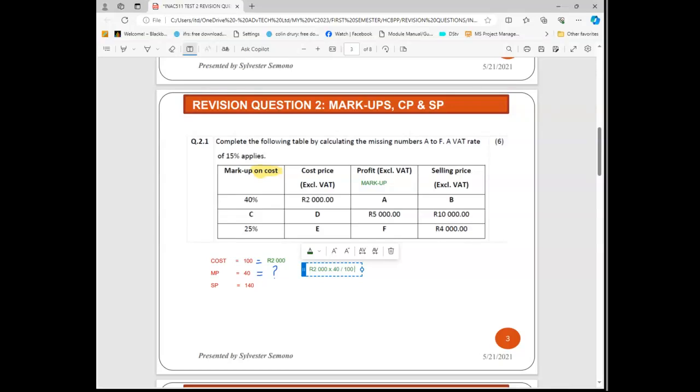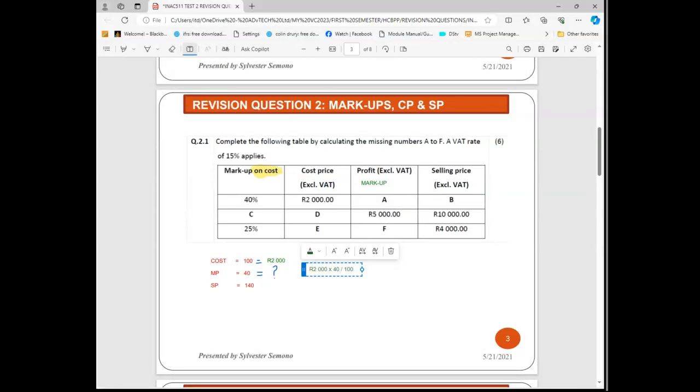Because markup is on cost, which is 100. Okay, maybe, but you didn't answer me the way I want. I just want the technique that you are going to use in the exam. For me, to avoid mistakes, I'll say it is the percentage of the amount given.